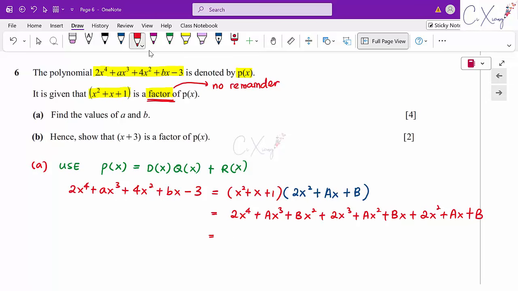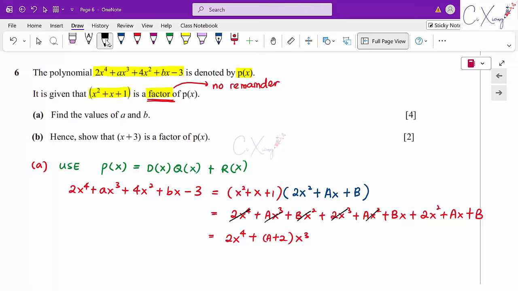Then what I am going to do now is group all the same power of x together. The first one I'm having 2x^4 once, so I just copy it. The second one I'm looking for x^3. So I'm having ax^3, 2x^3, so what I write here is a plus 2 x^3. Then next, I'm looking for x^2.